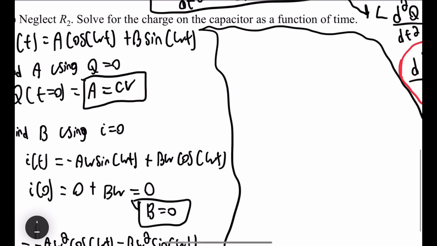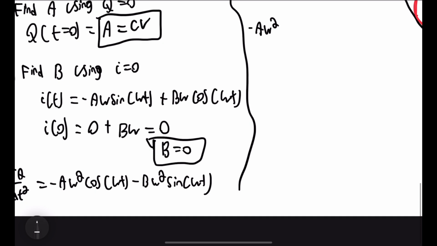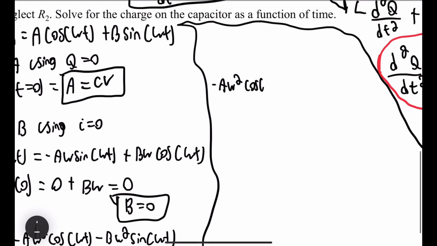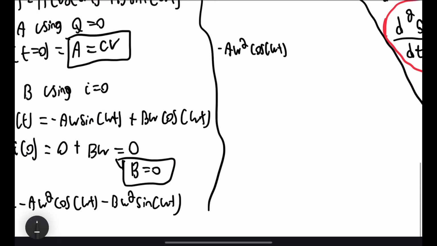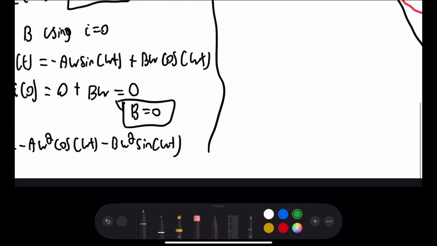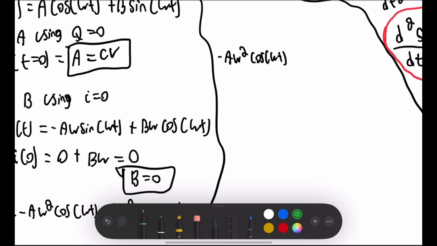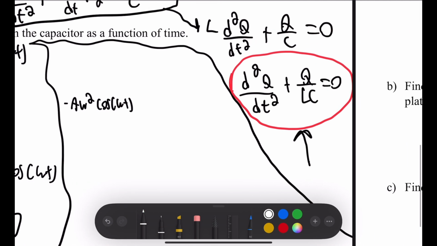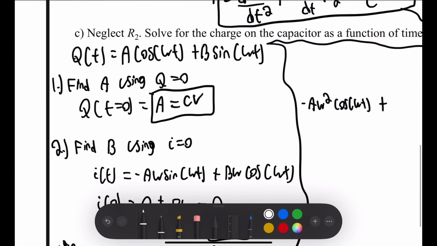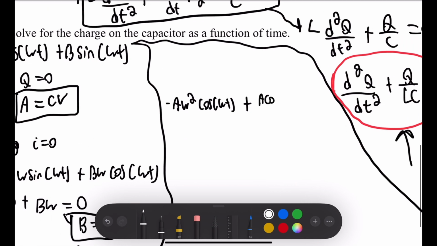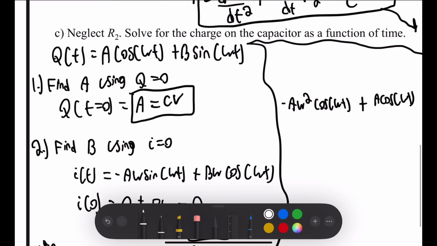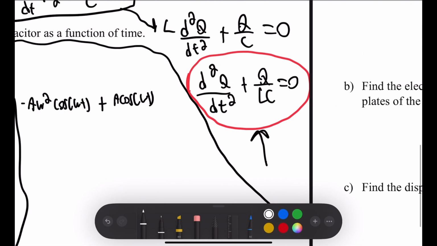So I would get negative A omega squared cosine omega t. But I'm going to leave this B sine out because B is equal to 0, right? So I just have plus Q, where I said Q was A cosine omega t plus B sine, but again B is 0, so just plus 0 over LC, and this is equal to 0.